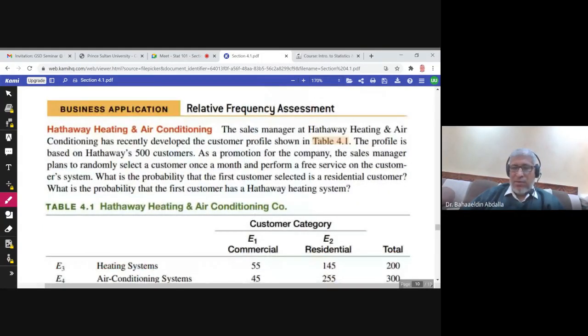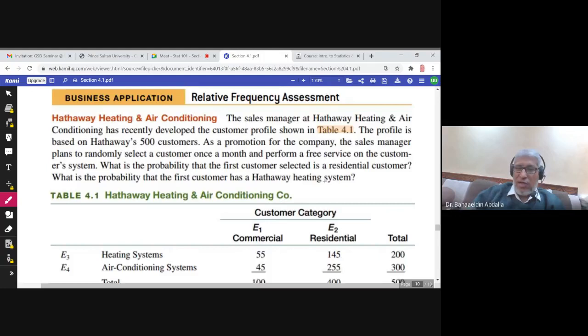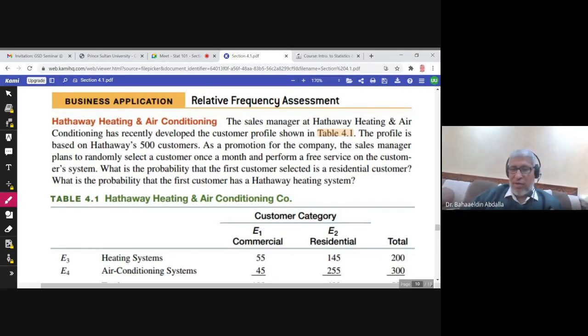This is a table. We have two variables here, or two events: heating systems and air conditioning systems. This is E3, E4. And another two events here, E1 commercial and E2 residential. Of course, there are two variables. One variable is customer category, which could be commercial or residential.